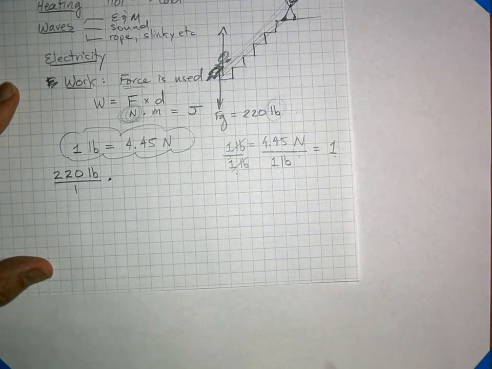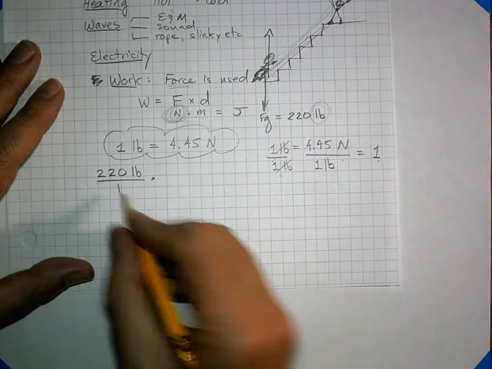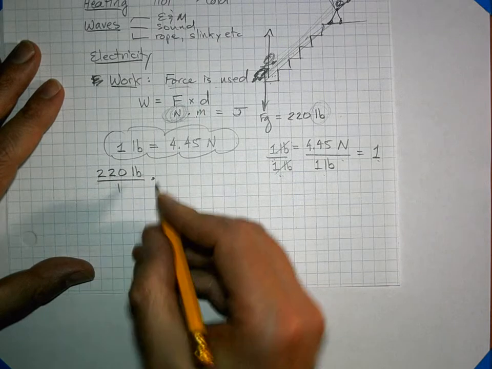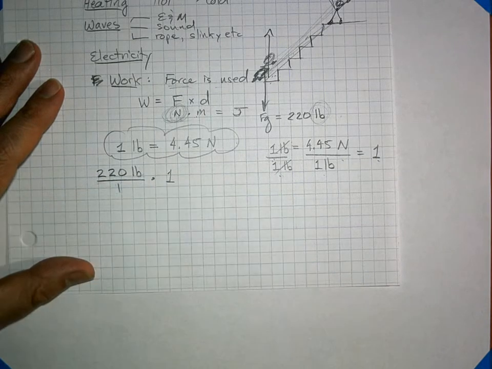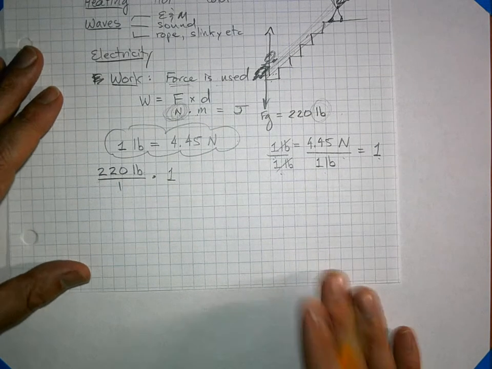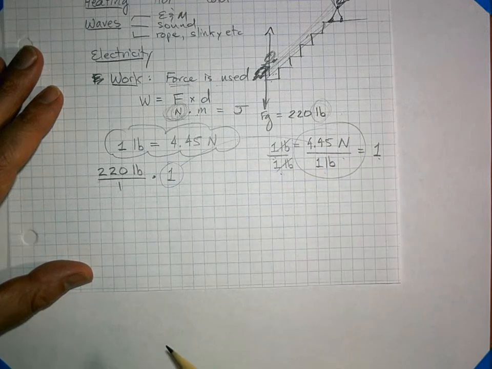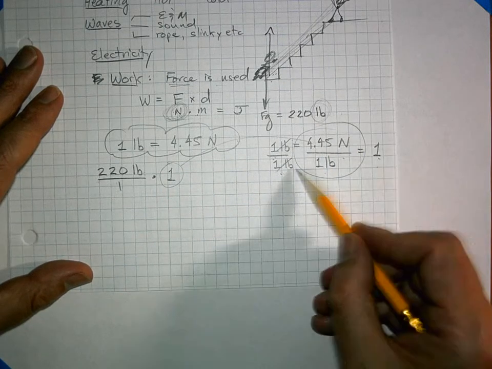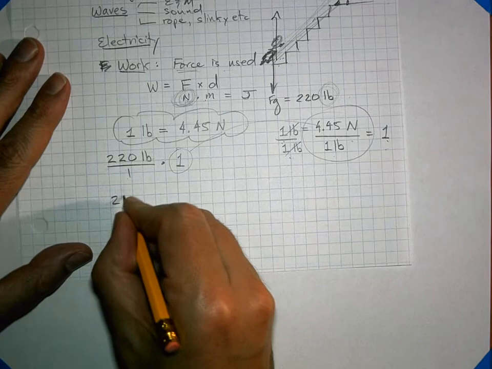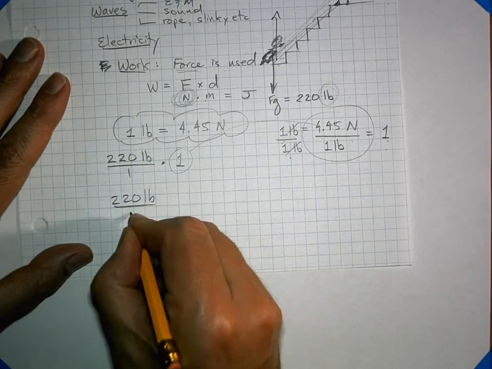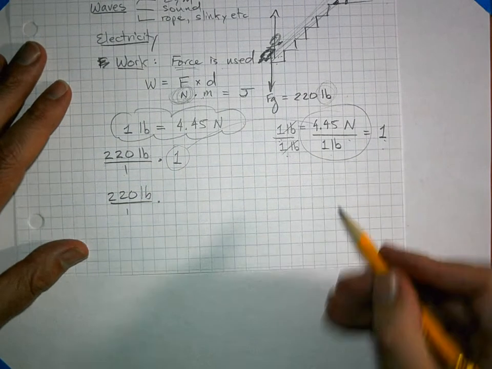Well, here's what I'm going to do. To convert this, I'm going to multiply 220 pounds divided by 1 times 1. I can do that, right? I haven't changed anything. You can multiply anything by 1. But 1 is equal to this. Yeah, it is. So I'm going to go 220 pounds divided by 1 times, now watch this.